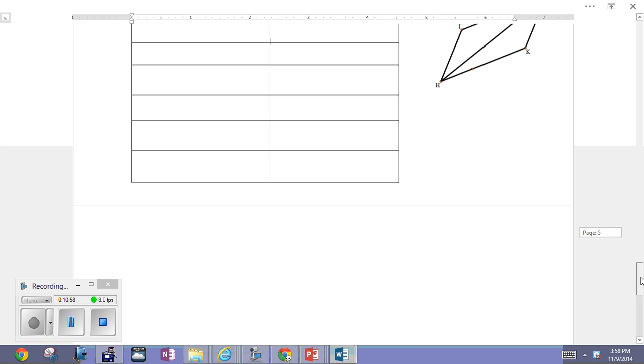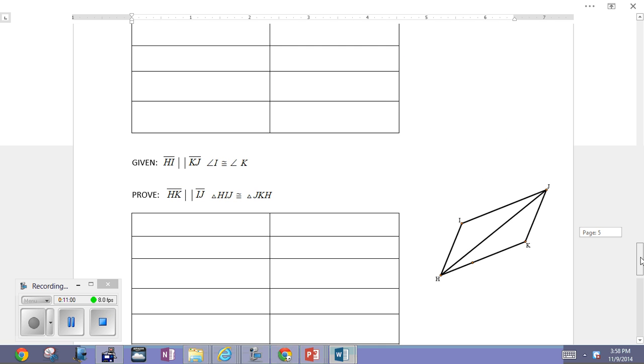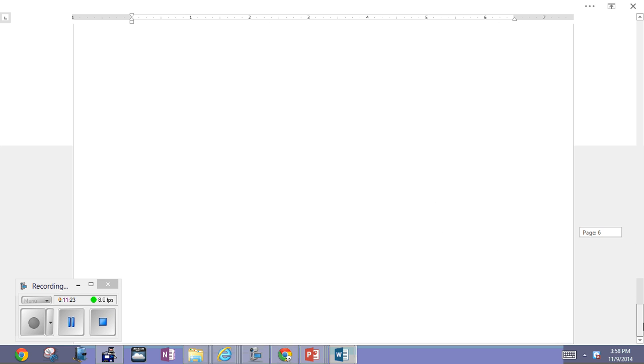So that's what you want to do with each and every one of these. You want to work through the proofs just like you did for congruent triangles. But then additionally, if you're trying to show a certain thing is true, you must first show the triangles congruent, and then claim corresponding parts of congruent triangles are congruent. Okay, so that's all we have for that.